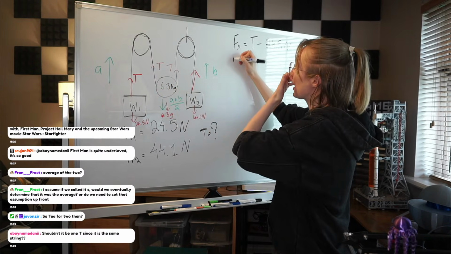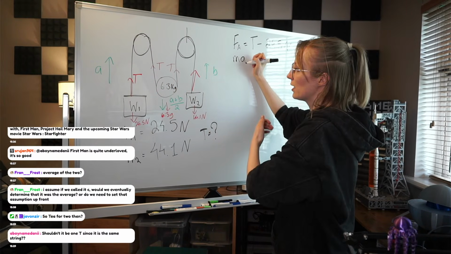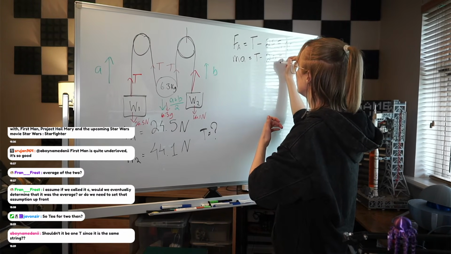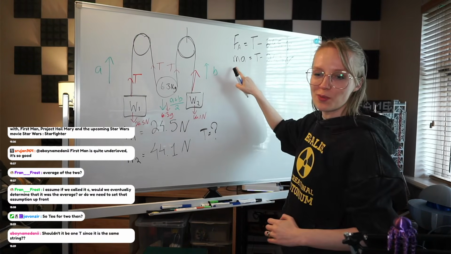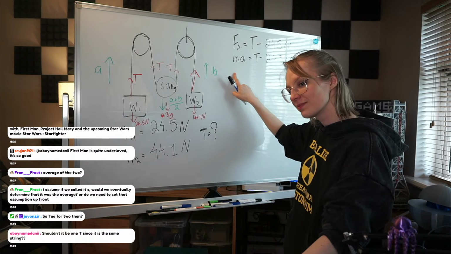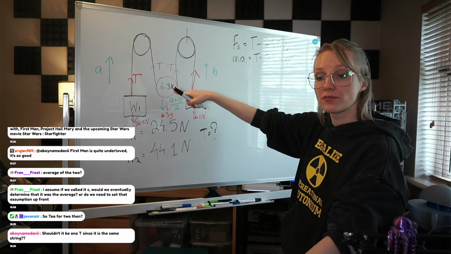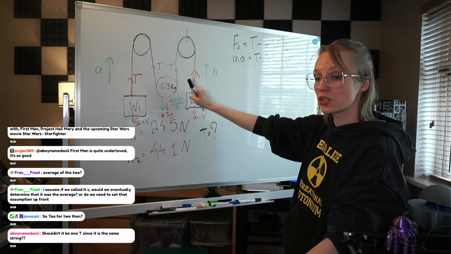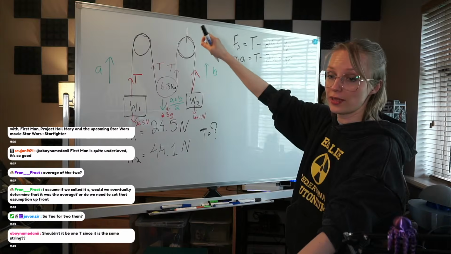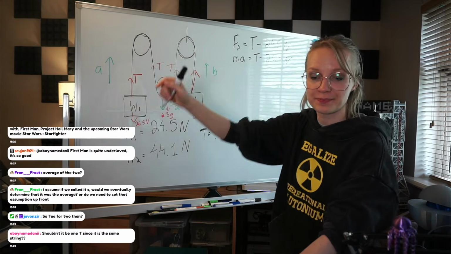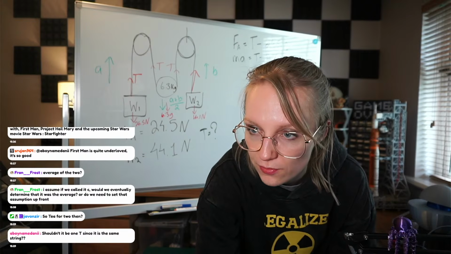FA is equal to the mass times the acceleration is equal to T minus 24.5 newtons. We don't know the mass of weight 1. But there's 2 strings involved. Can't be just 1 T. There's a string here pulling it at tension 1, and there's another tension here at T. It has to be 2 strings involved in this case.